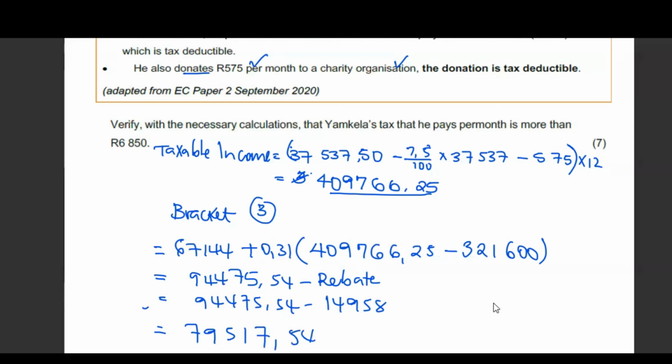Now this talked of per month, so we divide by 12. So we say it's what? They say he pays more than 6,850. No, the statement is invalid. He pays less.